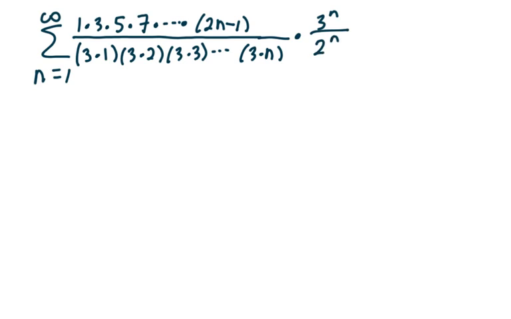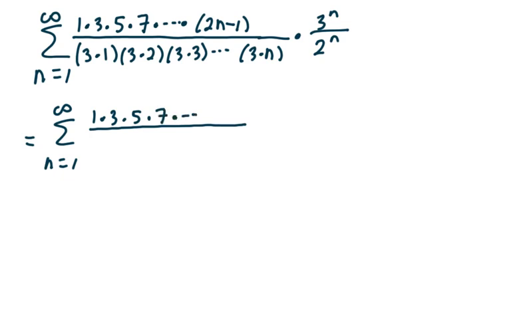And I'm going to multiply this by 3 to the n over 2 to the n. Now, this is the summation from n equals 1 to infinity of 1 times 3 times 5 times 7 all the way through 2n minus 1. Now, in the denominator, watch carefully, I have one 3, two 3s, three 3s, dot, dot, dot, n 3s.